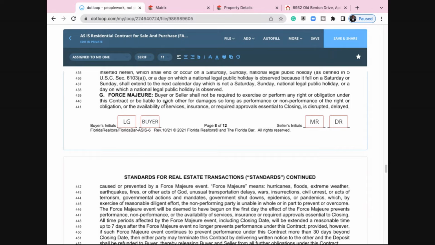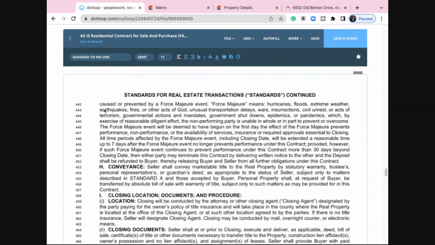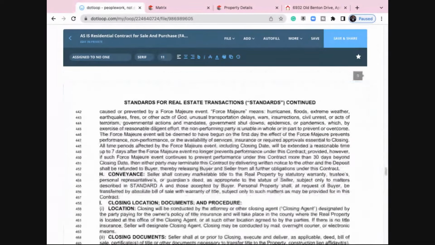It says that the buyer or seller shall not be required to exercise or perform any right or obligations under this contract, or be liable to each other for damages, so long as performance or non-performance of the right or obligations, or the availability of services, insurance, or required approval is essential to closing, is disrupted, delayed, caused or prevented by a force majeure event.